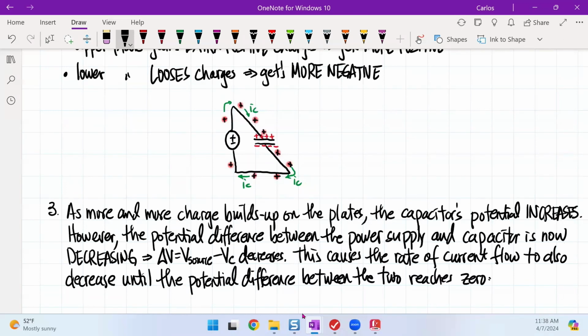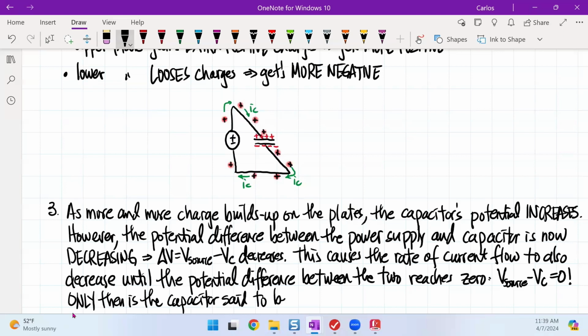In other words, the voltage of the source minus the capacitor voltage is 0. Only then is the capacitor said to be fully charged.